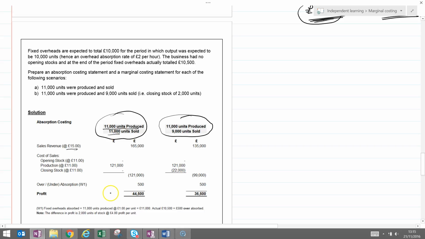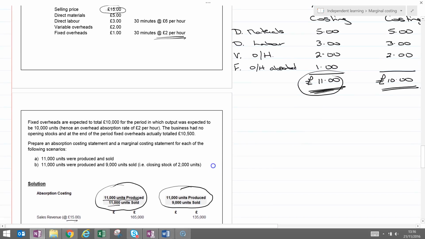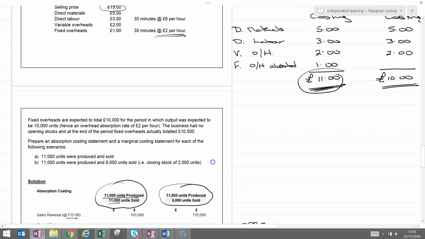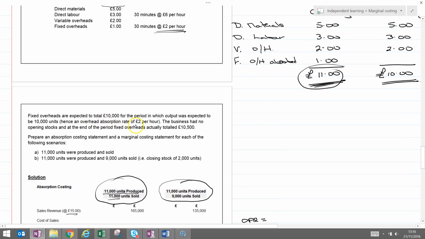But the other thing that we need to do to arrive at our actual profit is to consider whether there is any under or over absorption. So what we have, our absorption rate, it's £2 per hour, which also works out at £1 per unit.